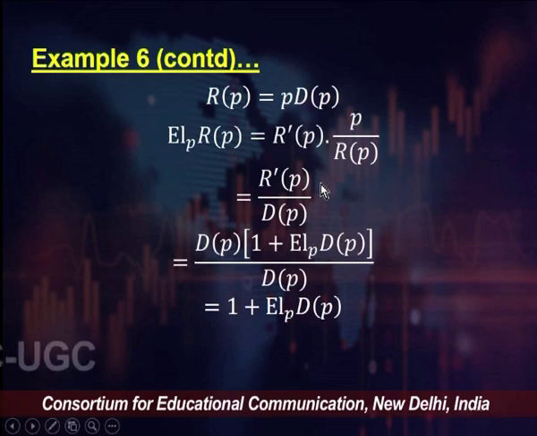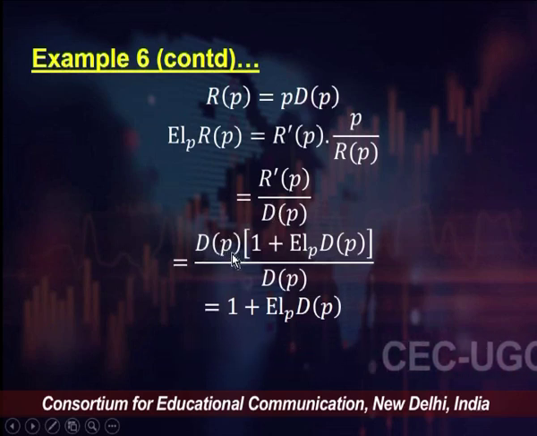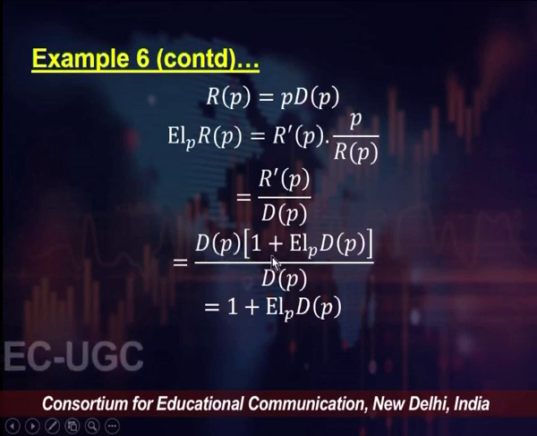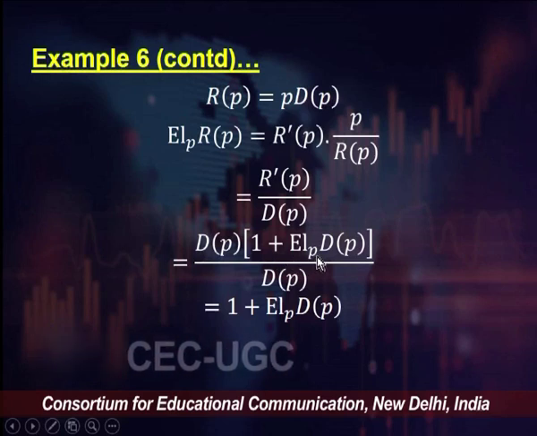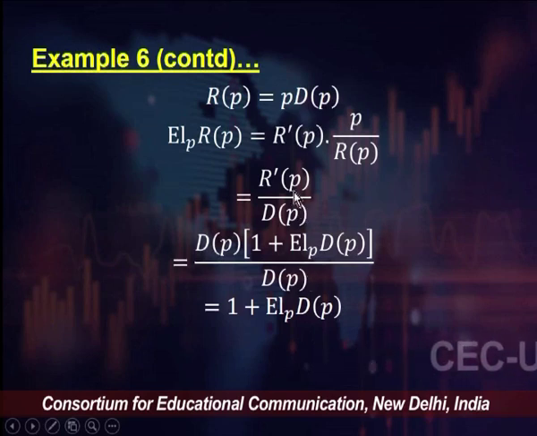But what you can see here is that this is now going to give you the elasticity as R'(p), which is nothing but D(p) times 1 plus elasticity of demand with respect to price, and this is then divided by D(p). Let me just back up.